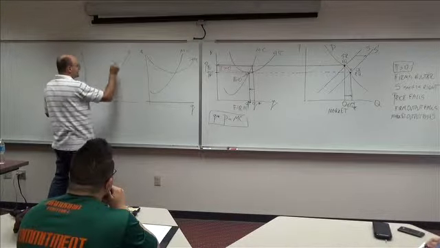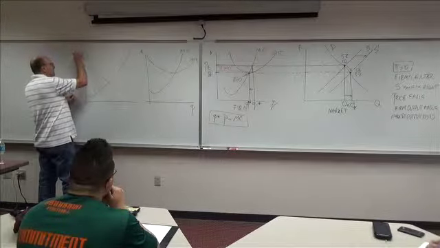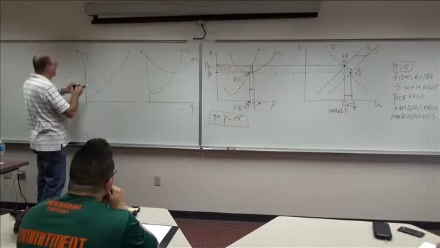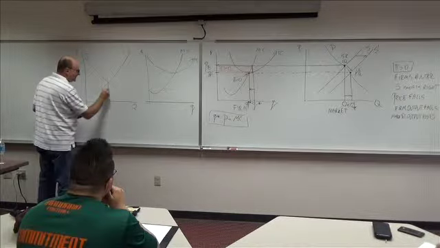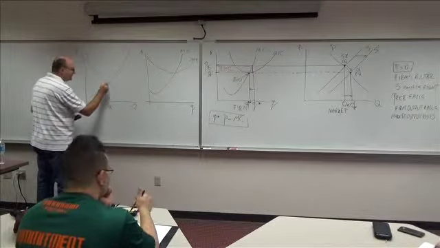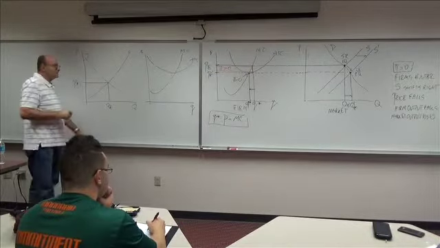A market with this supply and this demand. Actually, this is price, market quantity, equilibrium quantity, equilibrium price. Okay, so we have a market in equilibrium.